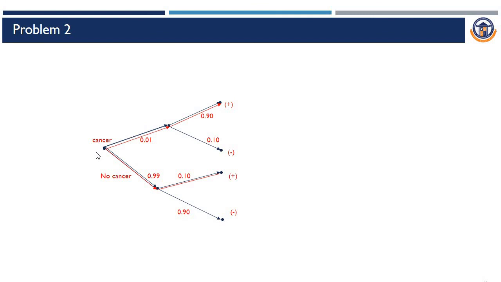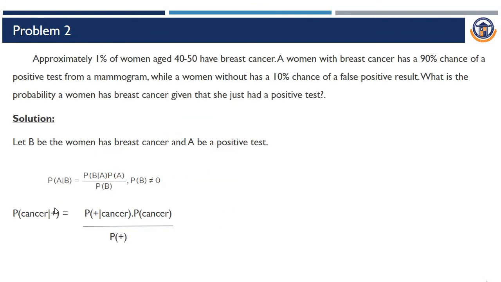Now we are going to use Bayes theorem. P(A given B) is equal to P(B given A) times P(A) divided by P(B), where P(B) is not equal to 0. Let B be that the woman has breast cancer and A be a positive test.